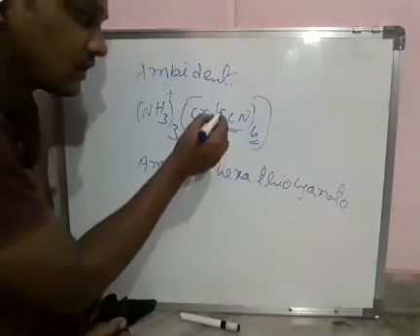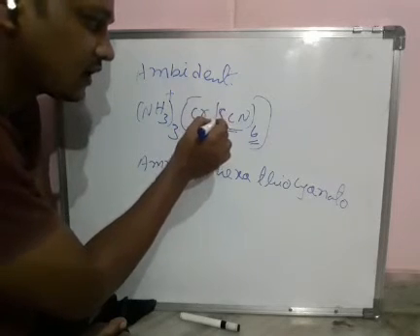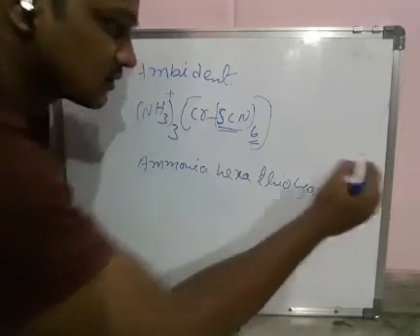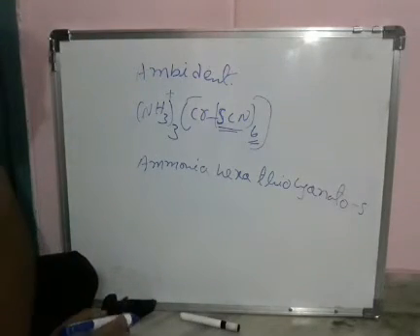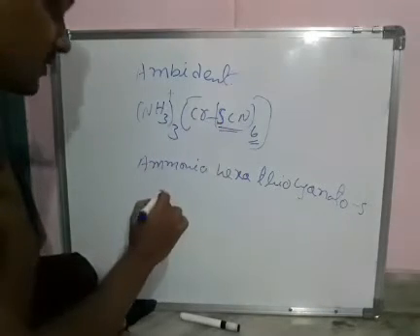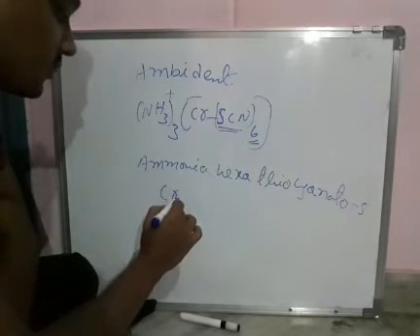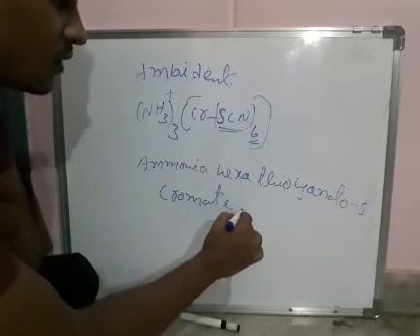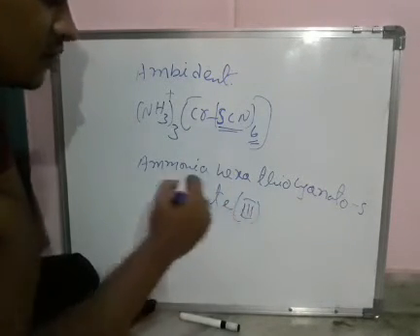hexathiocyanato. This sulfur is linked with the chromium, so it should be represented as S: thiocyanato-S. This is a negative coordination sphere, so chromate. The oxidation state on the chromium is 3, so it should be mentioned, chromate(III).